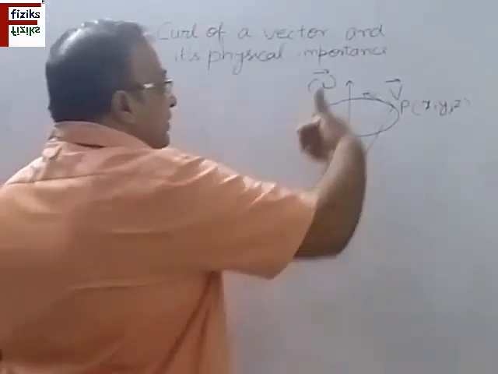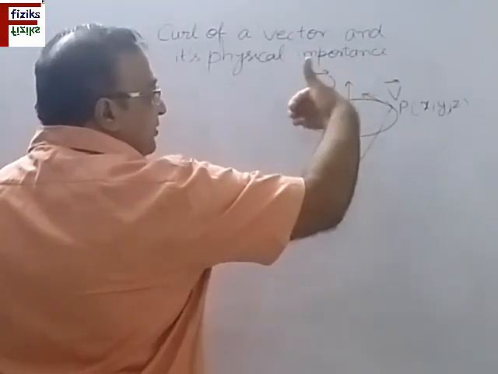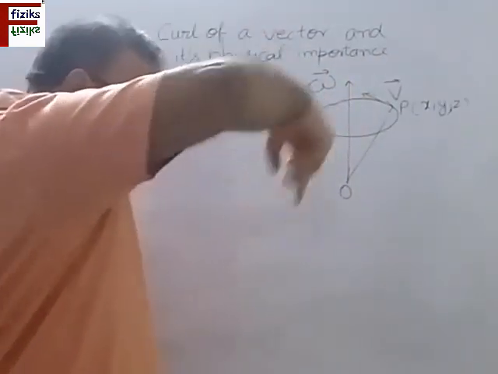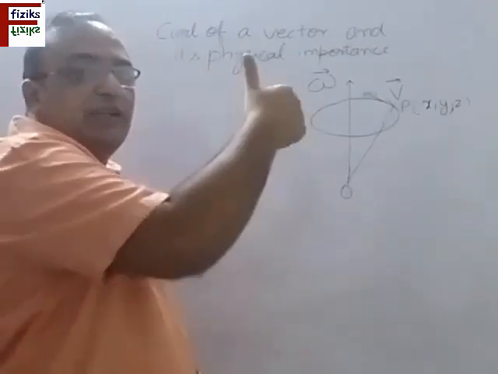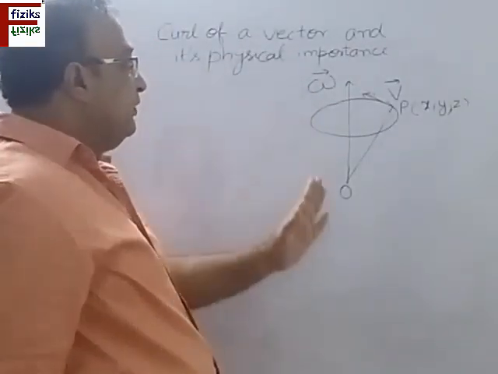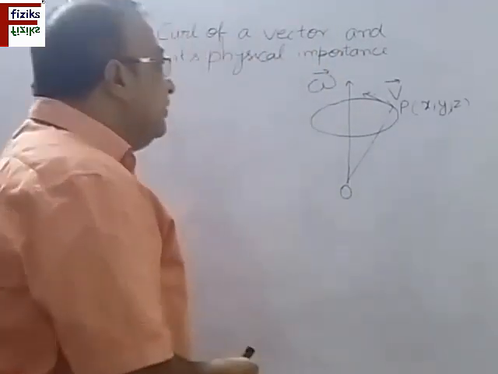Now we know that as per the right hand thumb rule, the velocity is in this direction. If you see it from vertically downwards, the velocity is anti-clockwise, so it means that the angular velocity omega will be pointing upwards towards me.